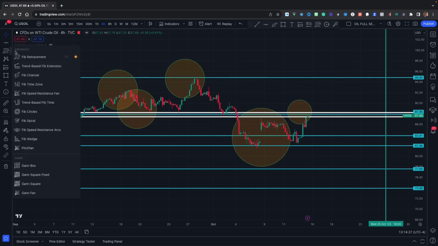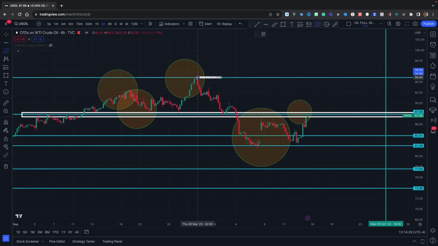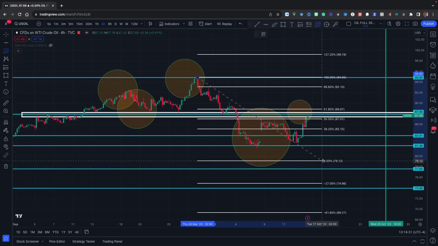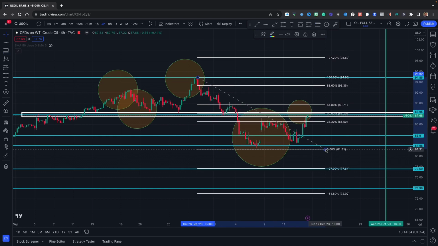Well, on the bigger scale, if we take this high down to this swing low, then we are currently right at the 50% Fibonacci level. Do we get retracements on the 50%? Yes, we do. Do we get them at the 38? Yes, we do, as evident right here.